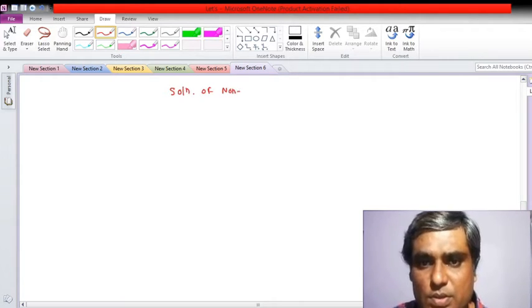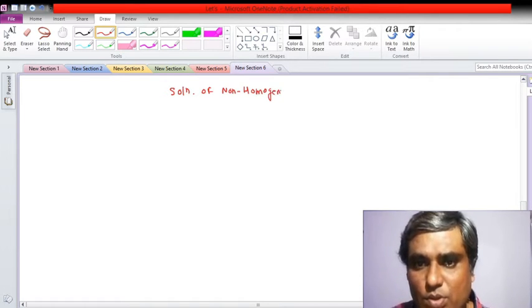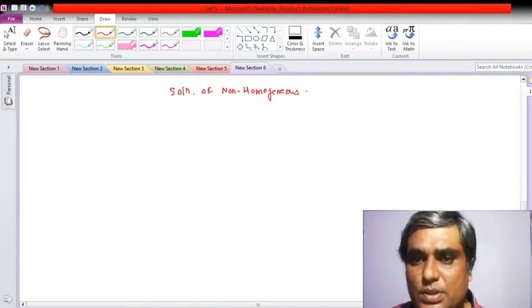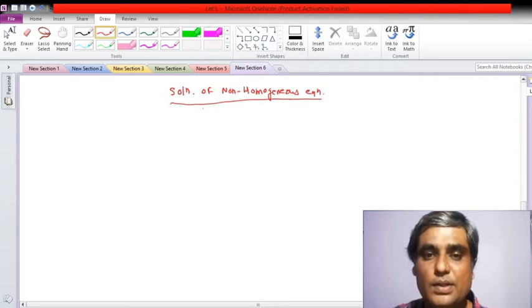non-homogeneous equation. So already we defined it. What is the non-homogeneous equation? It is where it consists of the forcing function.